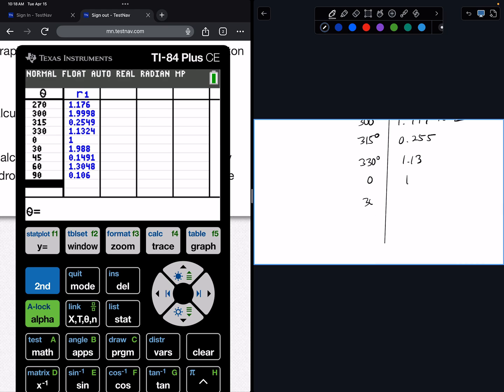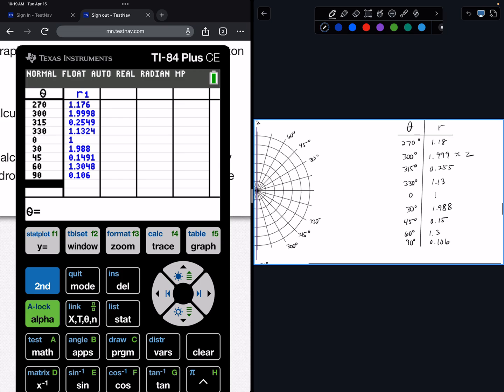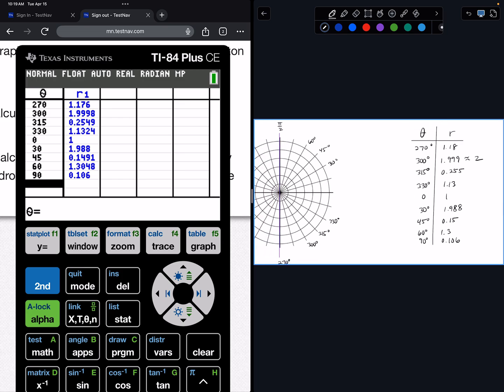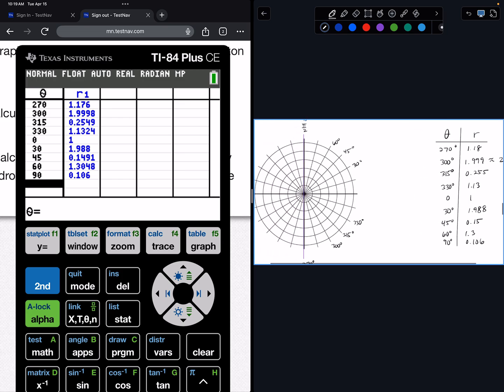And then 30 gave us about 1.98. 45 is small, 0.15. I'm going to write that. 60 degrees, 1.3-ish. And then 90 degrees is really small, 0.106.